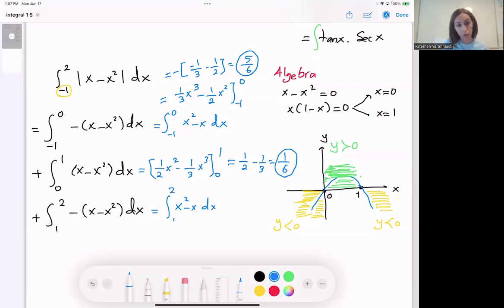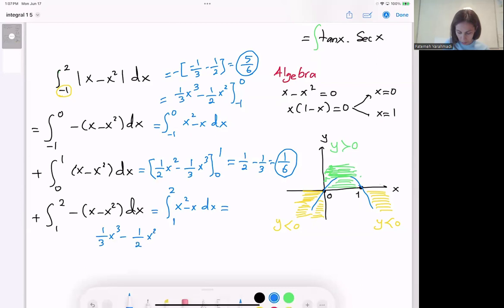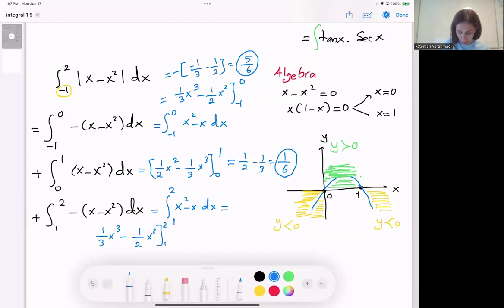between 1 to 2. This is equal to a third x cubed minus a half x squared. But now we have to plug in 2. We have to plug in 1 and do the calculation because no value disappears. You have 8 divided by 3 minus 4/2 minus a third minus a half. So let's see, what do we get?